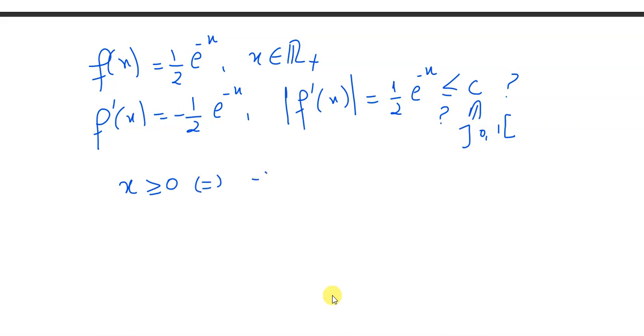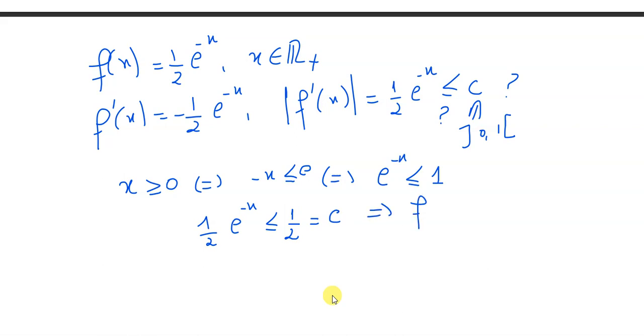This means that minus x is less than or equal to 0. It means that exponential minus x is less than or equal to 1. Then I will multiply by 1/2, and this will imply that the whole expression is less than or equal to 1/2. So let's consider the value c is 1/2. So here we prove that the function f is a contracting function.